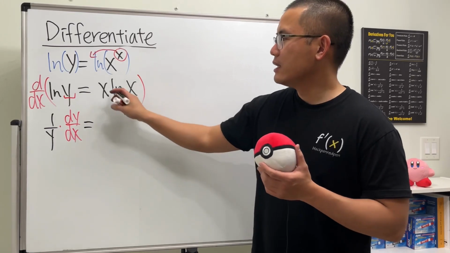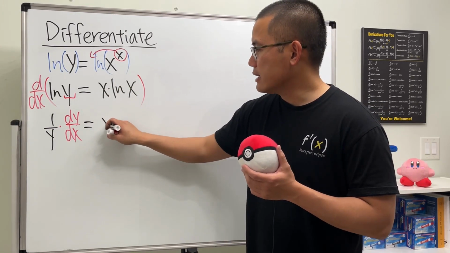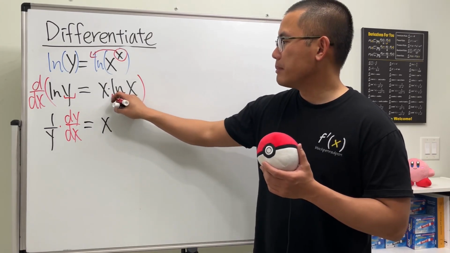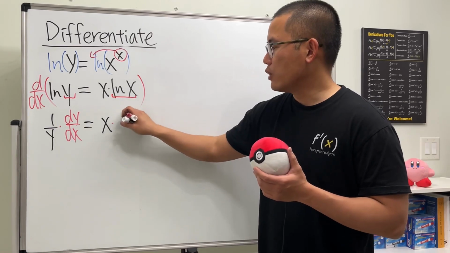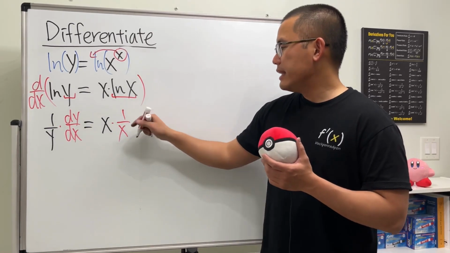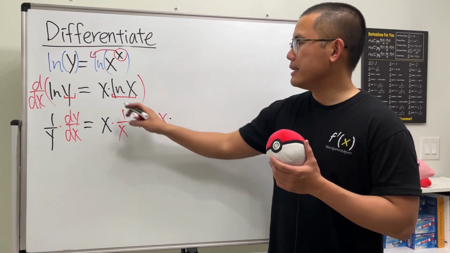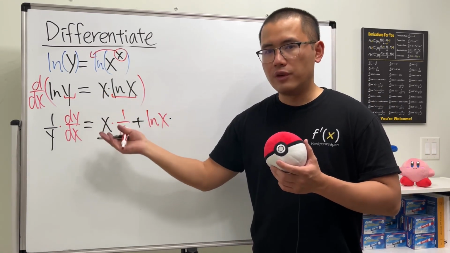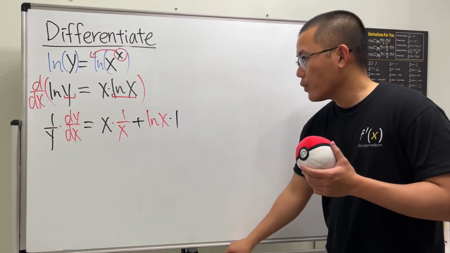On the right hand side, we just need to use the product rule. Keep the first function as x, and then multiply by the derivative of the second. Derivative of ln x is just 1 over x. And then we add the second function, which is ln x, and we multiply by the derivative of the first. Derivative of x is just equal to 1. So that is what we have.